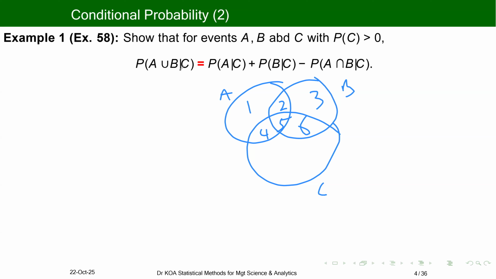The union of A and B, if there was no C, what would it have been? That would have been P of A plus P of B minus P of A intersection B. So using this diagram, it would have been what element? P of A, which is 1, 2, 4, 5, plus P of B, which is 3, 2, 5, 6, then minus 5, 2.